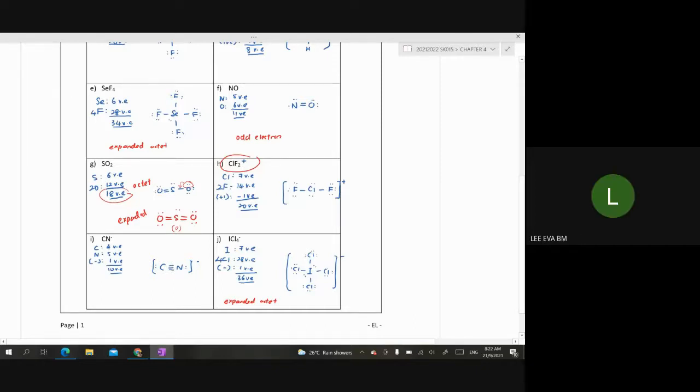Madam, for the expanded octet, can we say there is a dative covalent bond formed in the compound? No. In Lewis structures, we are not talking about the dative. A dative bond involves two separate things. For example, last time we used NH3 with H+. So there are two separate things.